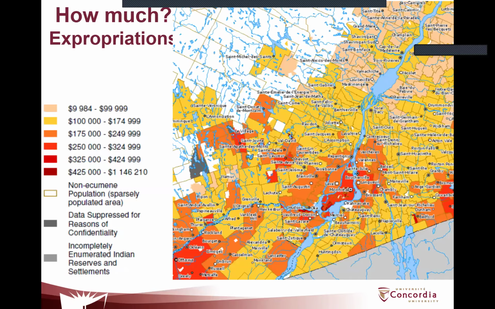In this one, for example, you can see the amount of money expected for expropriations. So let's imagine that you already know where the road will pass by. Now you need to acquire the land. In countries like Canada, most of the land in rural areas belongs to the crown, which is represented by the government.